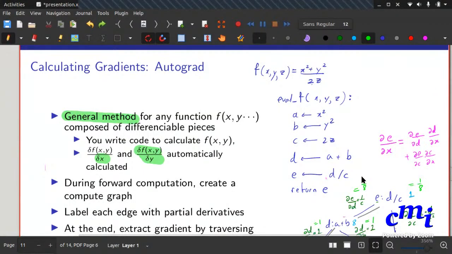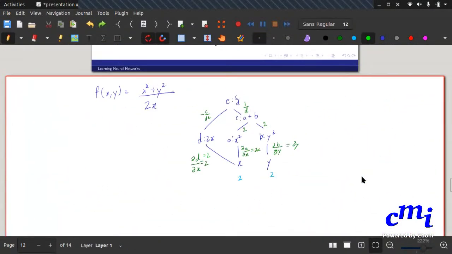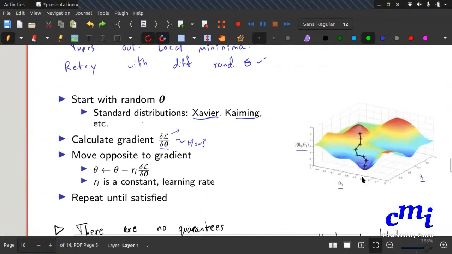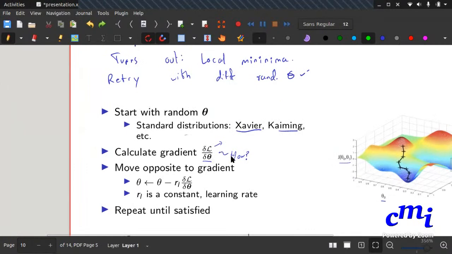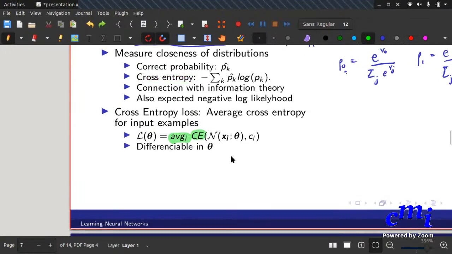So if the motivation is not clear, let me pause this example for a bit and talk about some of that. So far we have this kind of a gradient descent setup with this kind of a loss function setup. Now, if you look at this loss function, it's not clear.